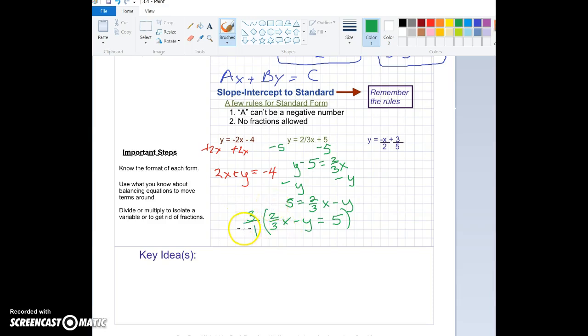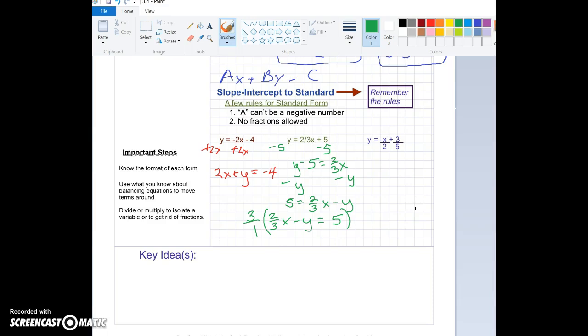numerator. So I didn't multiply by 3 halves to make the a be 1, the coefficient be 1, because I'm okay if the coefficient is a 2. I just need the denominator to go away. So I multiplied by 3 over 1, and notice that I'm going to multiply everything by 3 over 1 because I can't just multiply one thing. If I'm going to multiply one thing, I've got to multiply the whole thing by 3.